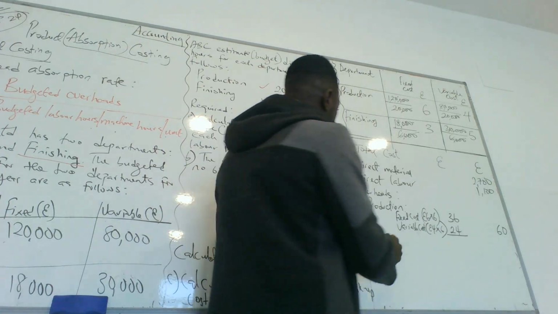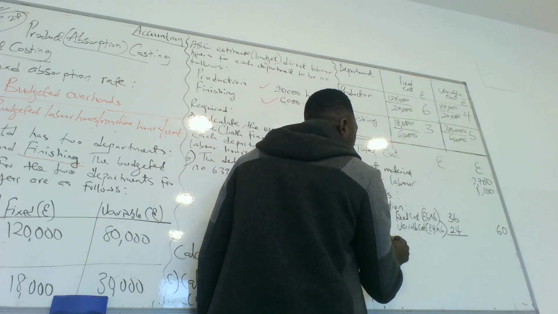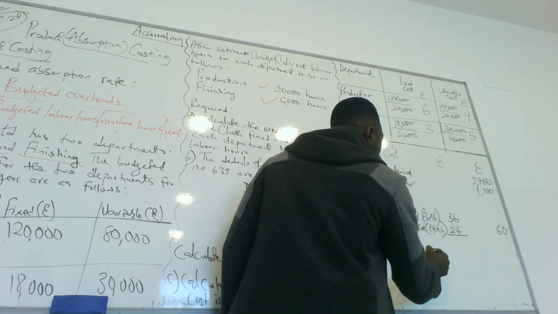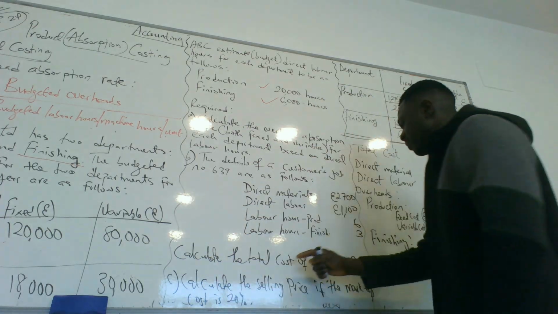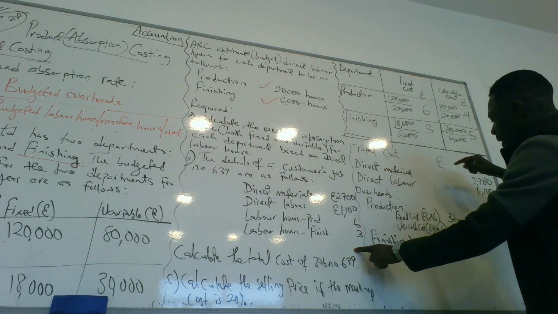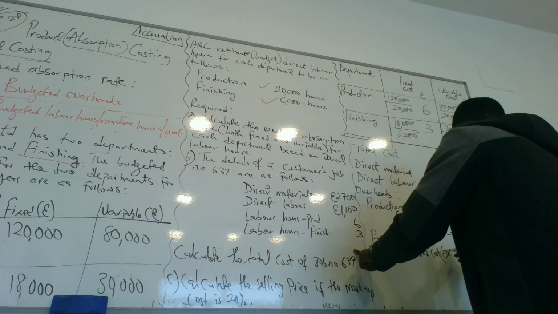Then we have finishing department. The fixed rate for finishing department is 3 and the variable rate is 5, and the labor hours are 3. So for fixed cost, it's 3 euros multiplied by 3, which is 9.